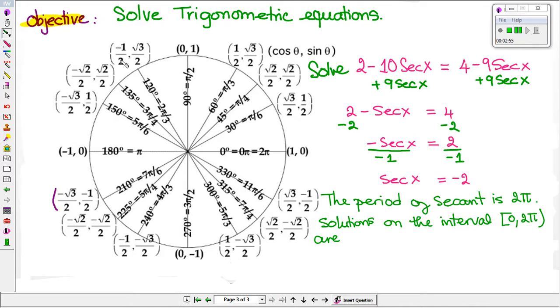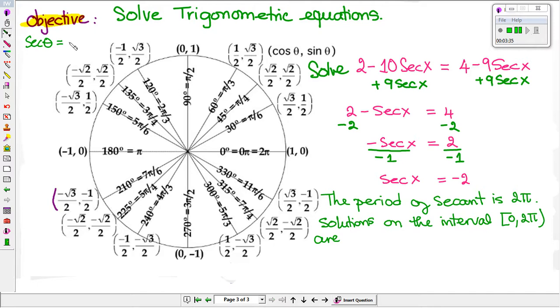First of all, from the unit circle, we can only see directly the cosine value and the sine value, so we won't be able to see secant, cosecant, tangent and cotangent at all. So let me remind you how to find secant of theta.